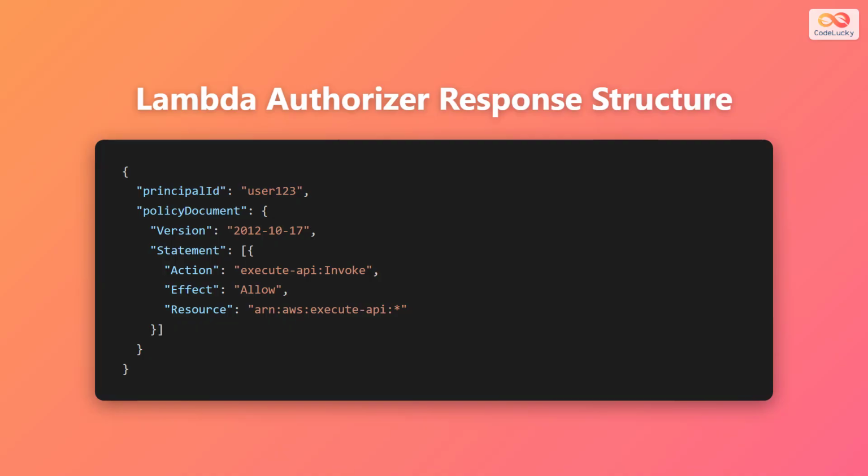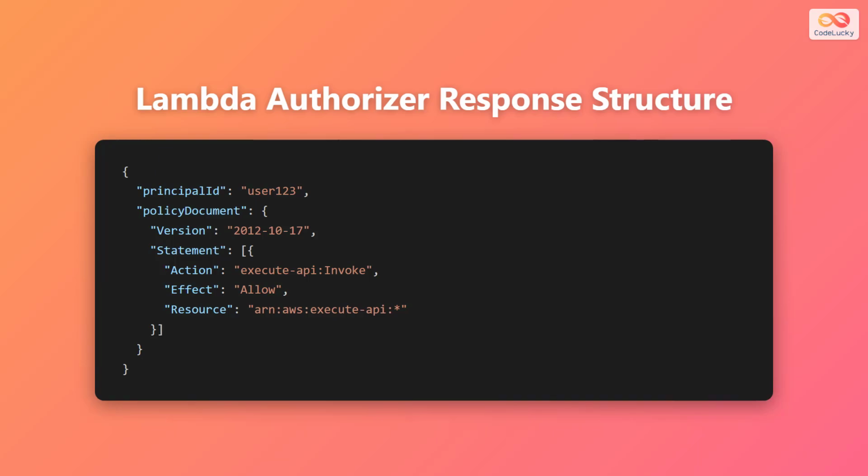When a Lambda authorizer validates a request, it must return a specific response structure. The response includes a principal ID, which identifies the user making the request, such as user123. It also contains a policy document that follows the AWS IAM policy format. The policy document has a version field, typically set to 2012-10-17, and a statement array that defines the permissions.